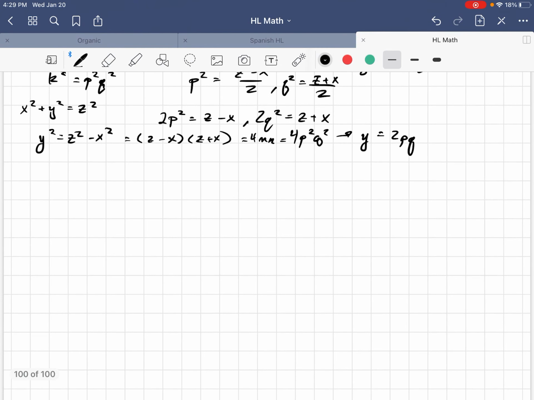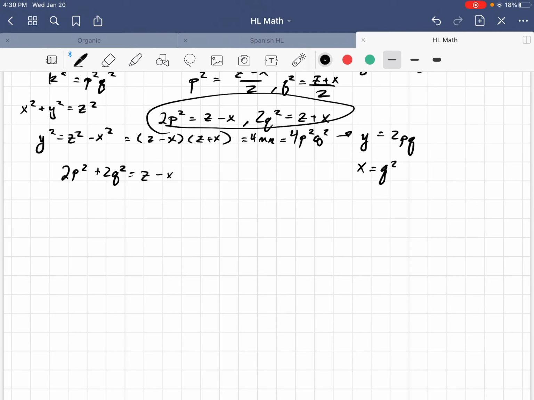And so that would also imply that, if you take these two equations and add them together, 2p squared plus 2q squared is equal to (z minus x) plus (z plus x).